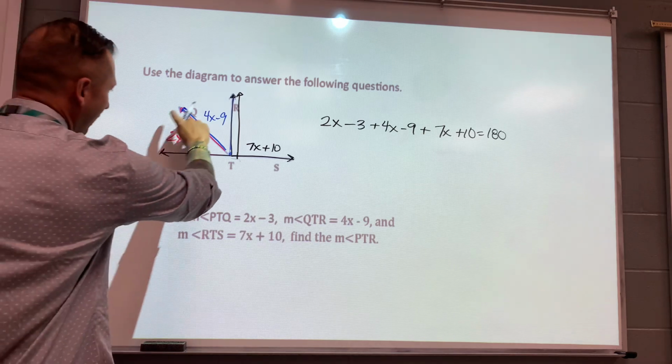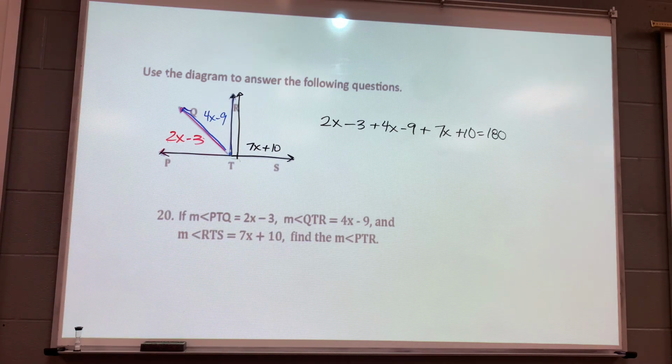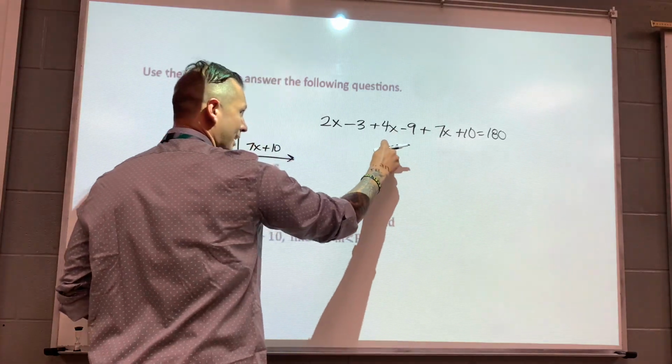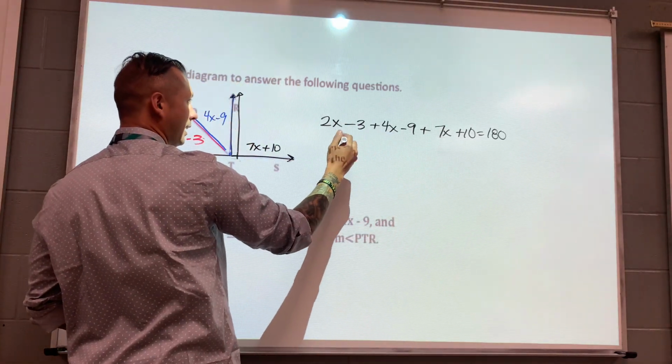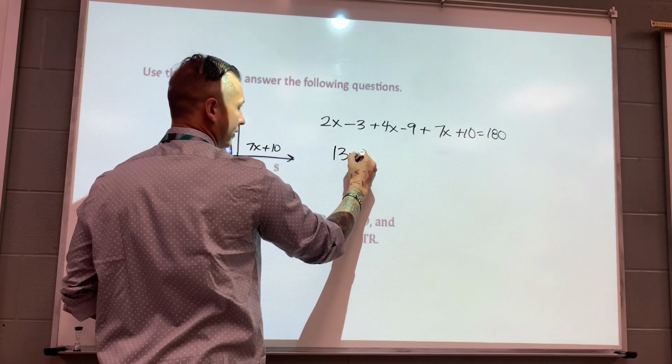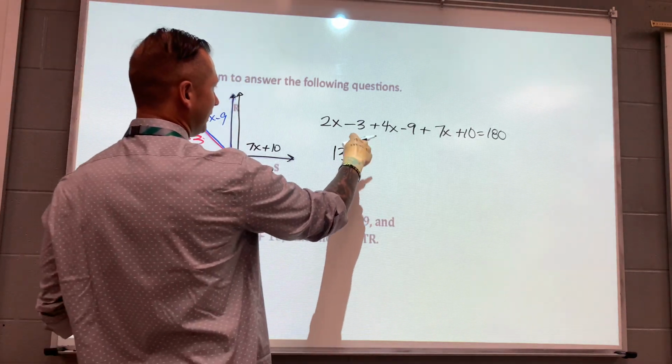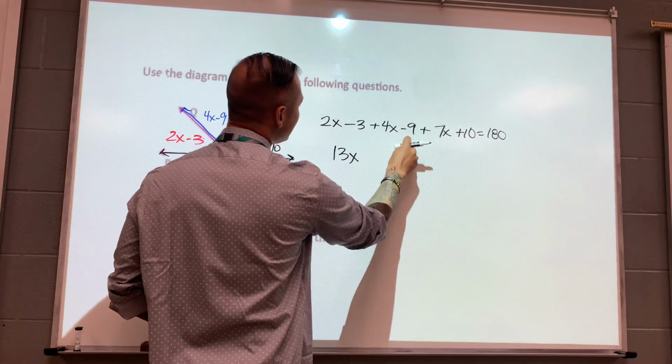Straight lines are equal to 180 degrees. Combining like terms, 13x. Numbers, we got -3 and -9, that's -12.